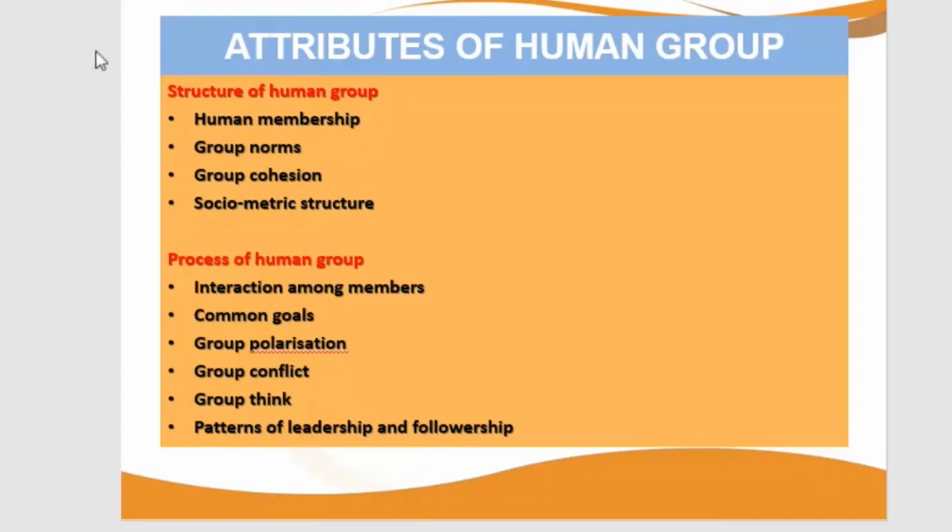Like I've mentioned, if it is difficult to explain certain things, you just highlight the keywords. For individual level explanation, the key is individual dynamic and personality factors. For interpersonal relationship, the key is interaction.